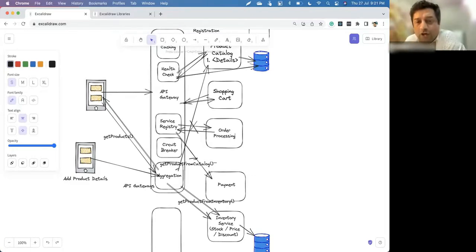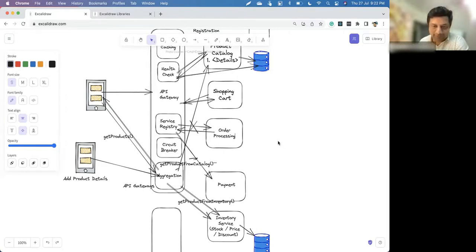This will be loss of business for the organization, because orders are now lost, because service is down, so it could not be processed, and if it could not be processed, it will be lost.